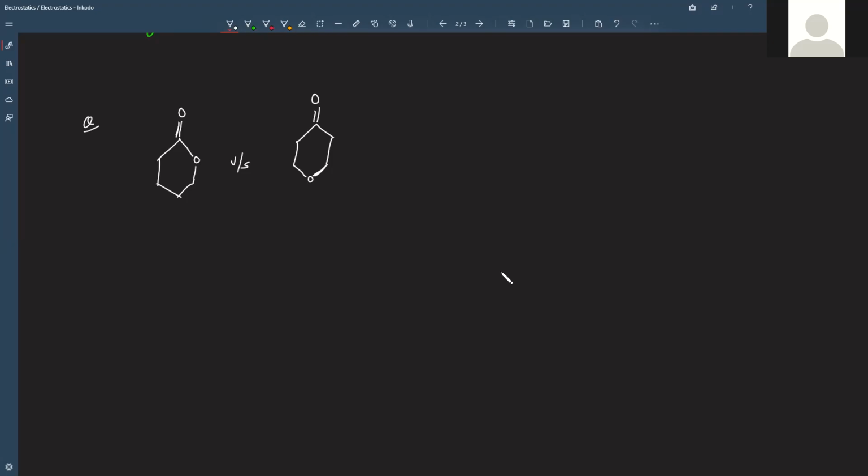Are they functional isomers, chain isomers, positional isomers? You have to identify whether they are even isomers or not. So try this question. I'll write the next question. Basically, you have to identify the functional group if you think that there are different functional groups.